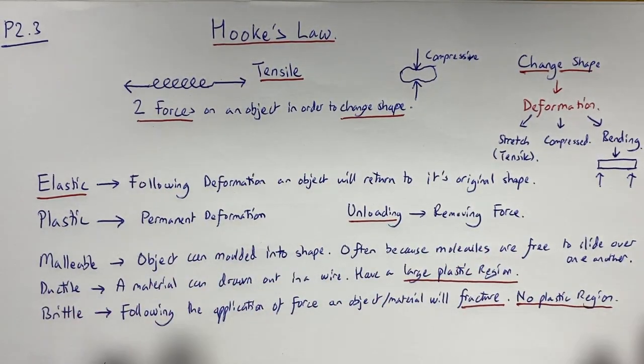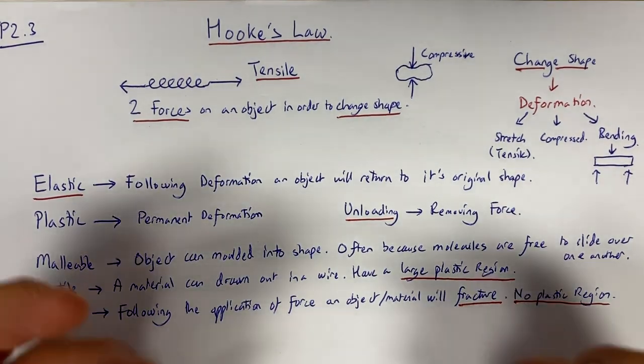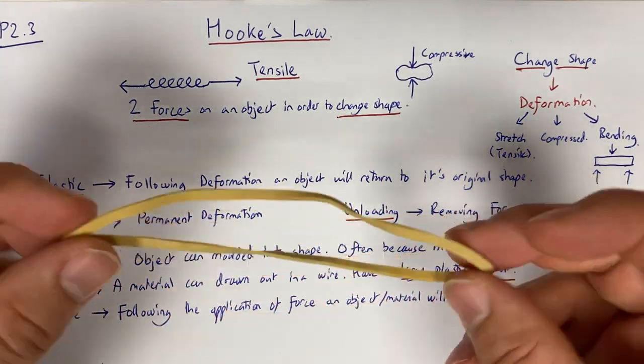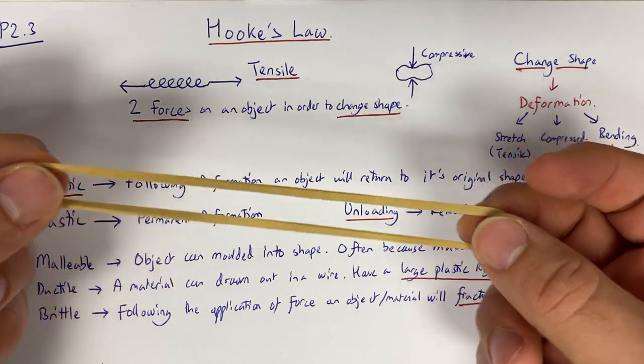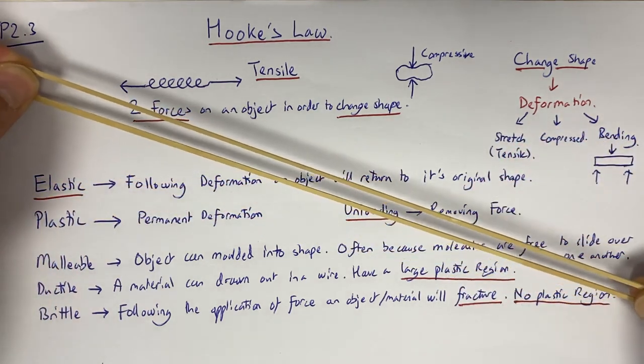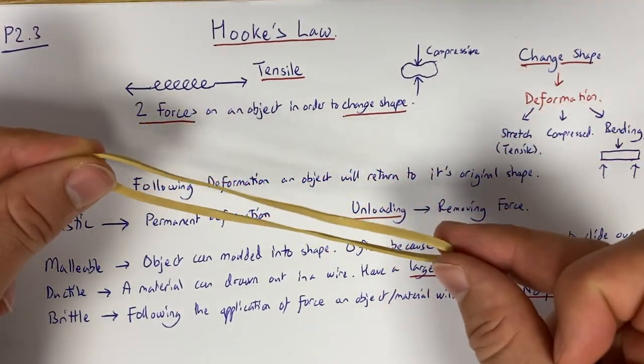Now, different types of materials will behave differently when we apply these different forces to them. The first type of material and word I want to understand is the word elastic. Elastic just means, as you can see here with this elastic band, when I apply a force to it and I stretch it, when I then subsequently unload that force, so I remove the force, it returns to its original length.